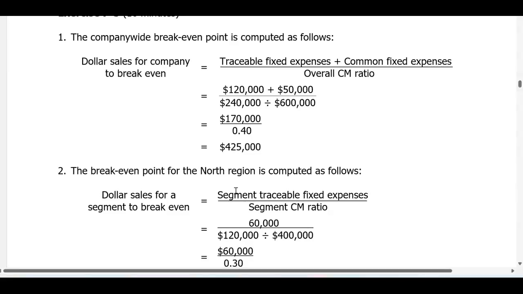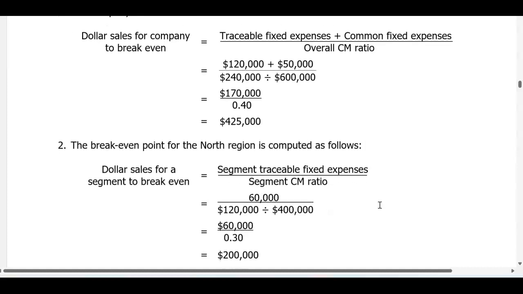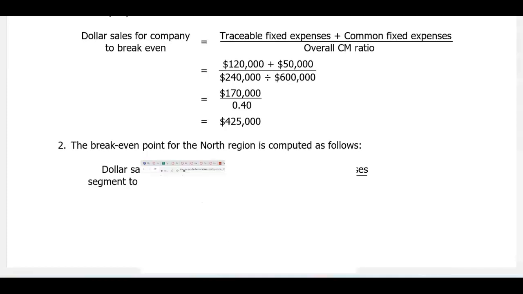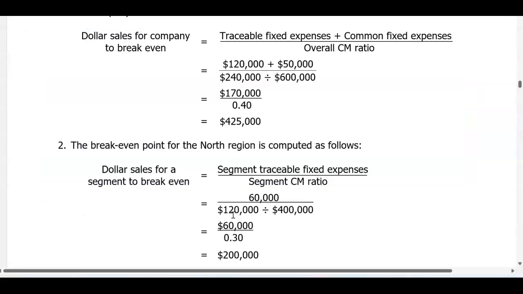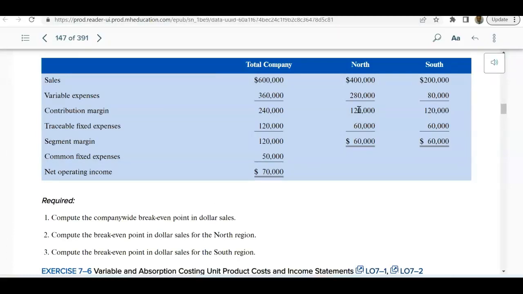Now let's look at the North region for the same thing. North region, we have segmented fixed expense of 60,000, divided by the contribution margin for the segment. Contribution margin for the segment is 120 divided by 400.